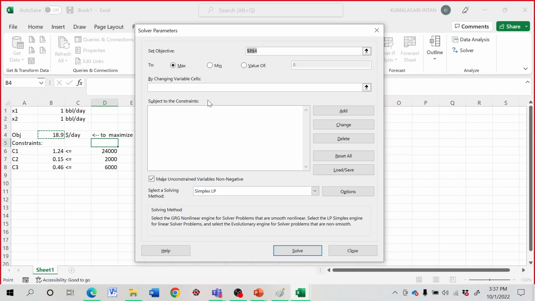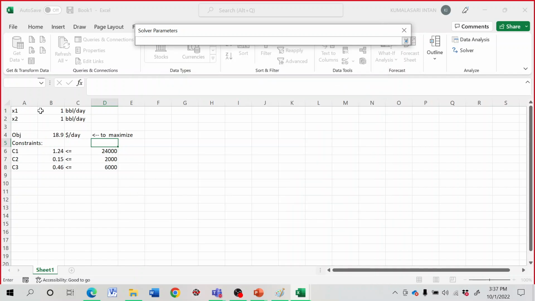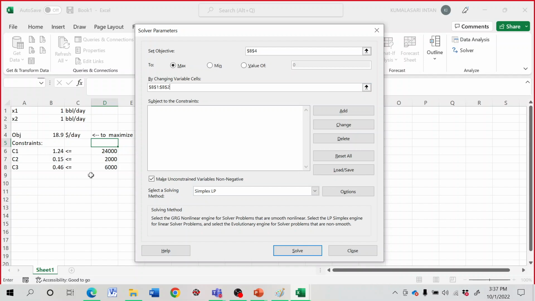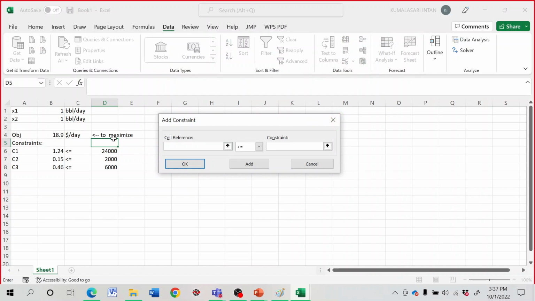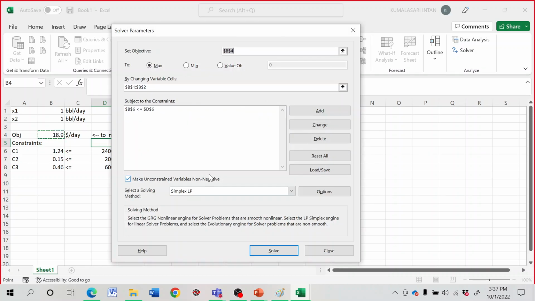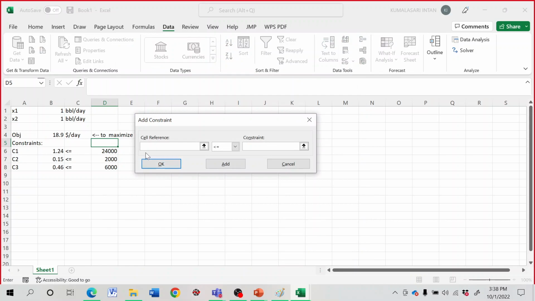And then what do we want to change? The changing variable cells are the independent variables or the decision variables. In this case it is x1 and x2, right? And then what are the constraints? In this case we have three constraints. You can add them manually, one by one. So B6 less than or equal to D6, and then you can add more: this one less than that one, and this one less than this one.